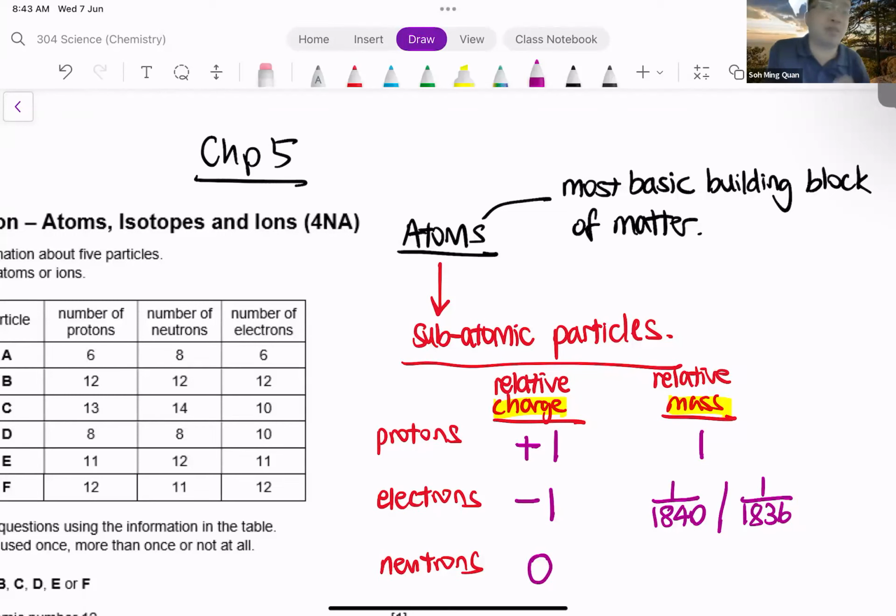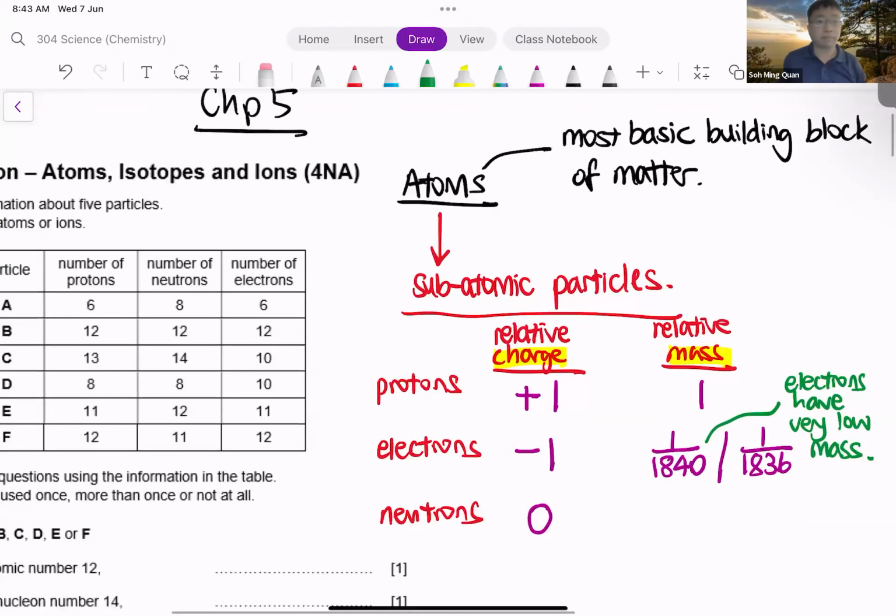So this means that electrons have very low mass. The fraction means electrons have very low mass compared to a proton.